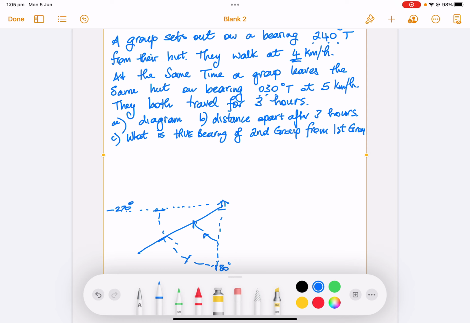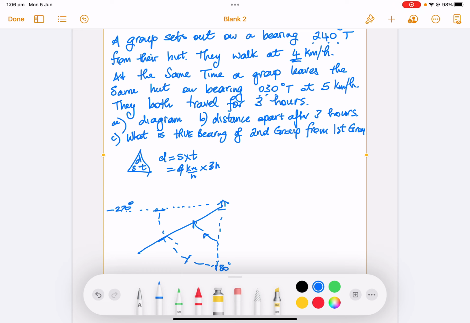So speed equals distance over time. Distance equals speed times time. Speed is 4 kilometers per hour. Time is 3 hours. So you've got 4 kilometers per hour, 3 hours.